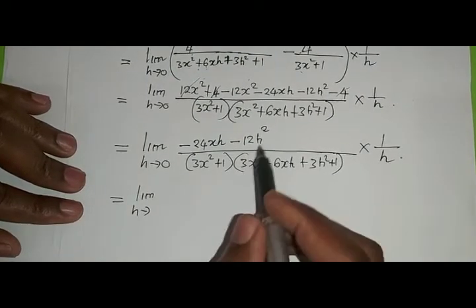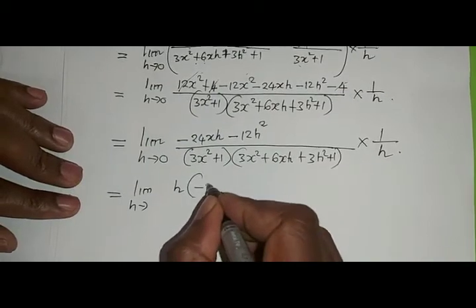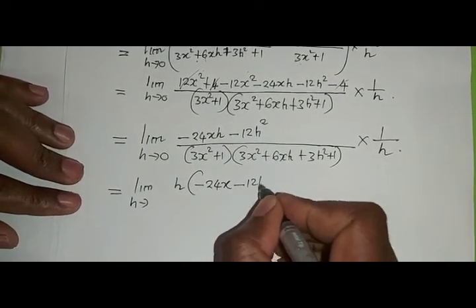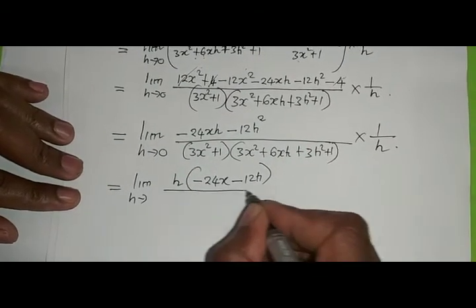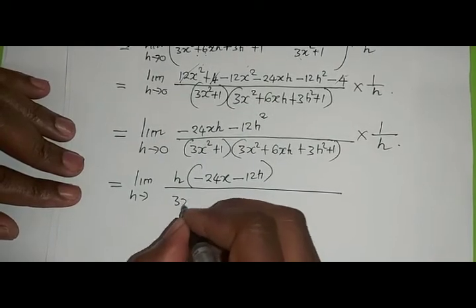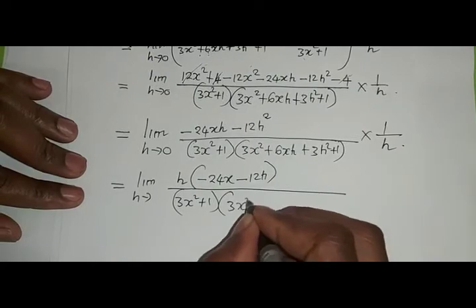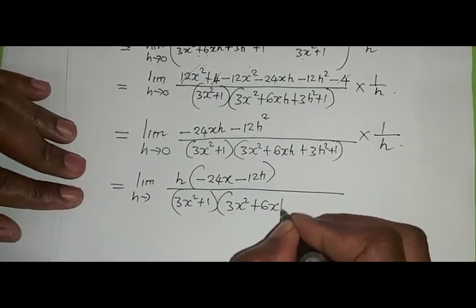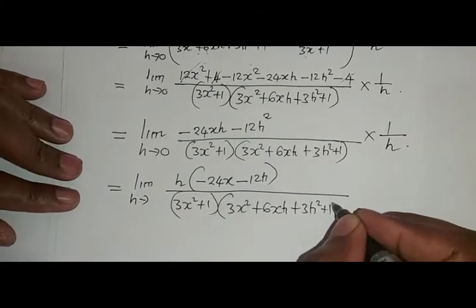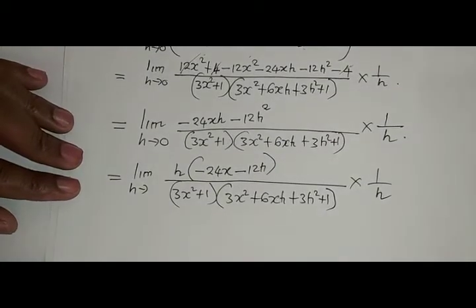The common factor here is h, which means it will be h into minus 24x minus 12h, all over 3x squared plus 1 into 3x squared plus 6xh plus 3h squared plus 1, multiplied by 1 over h.